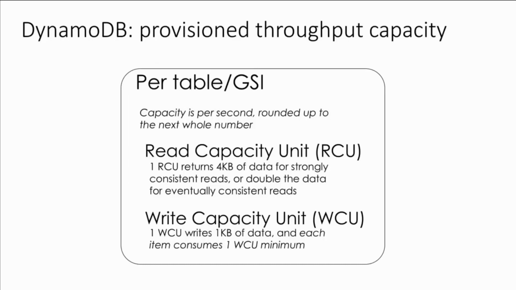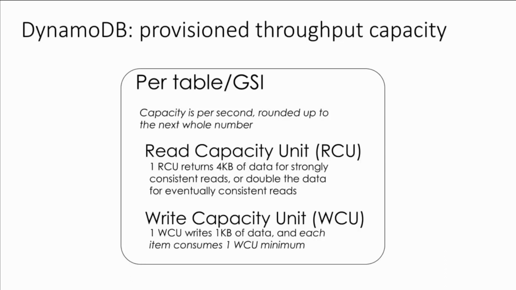Let's talk a little bit about provision throughput capacity. It's provisioned per table or global secondary index. And capacity is provisioned per second, rounded up to the next whole number.